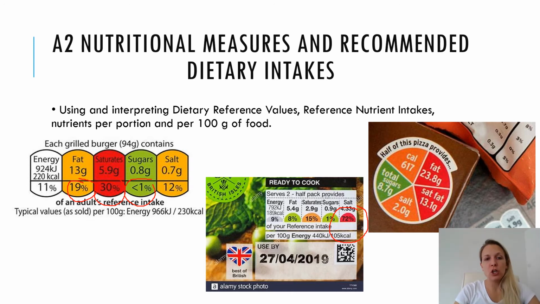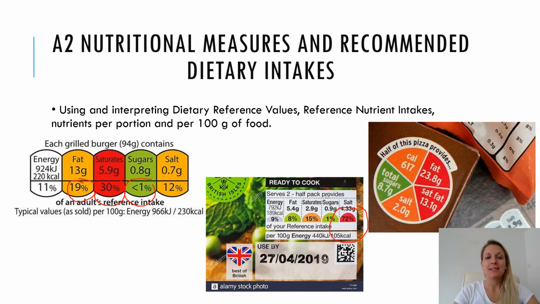So looking at a burger, one burger, 19% of all your daily intake of fats in one burger. It's a lot, nearly 20% of all the fat in your whole day, one burger.